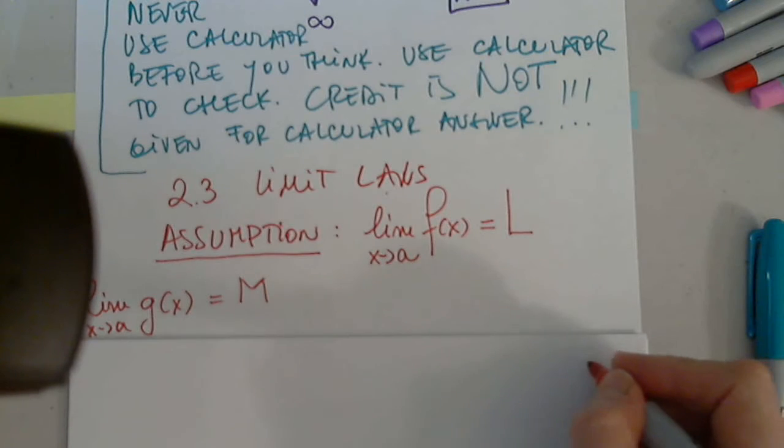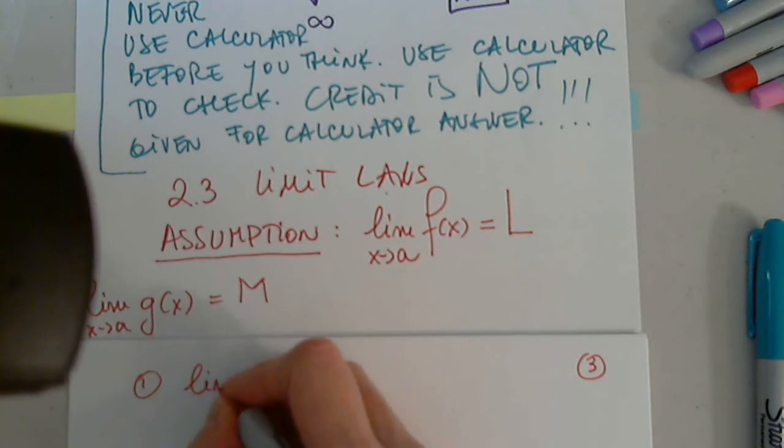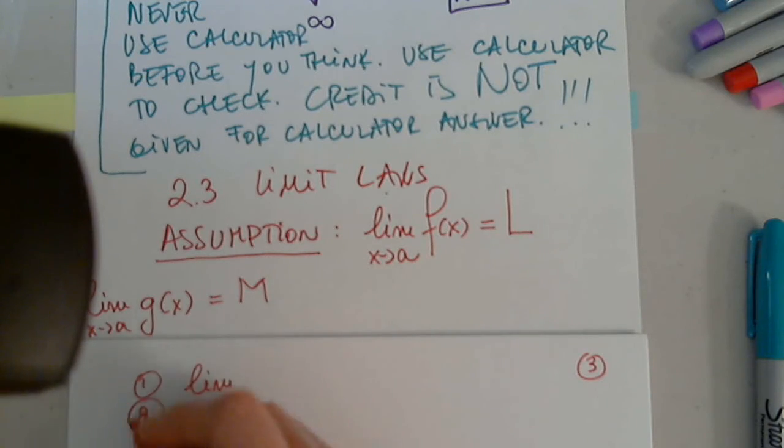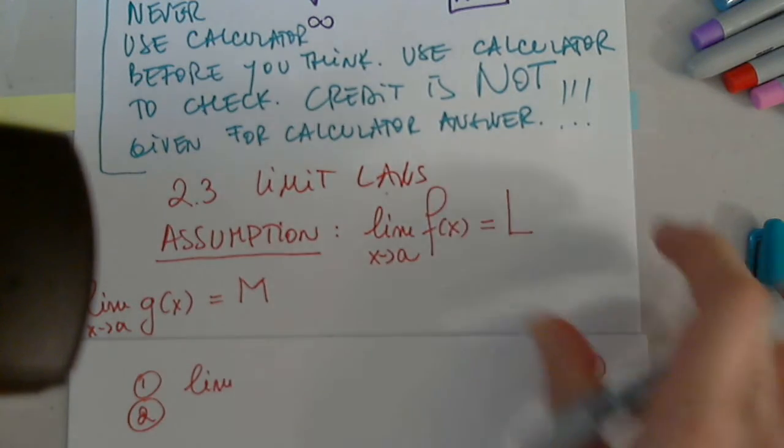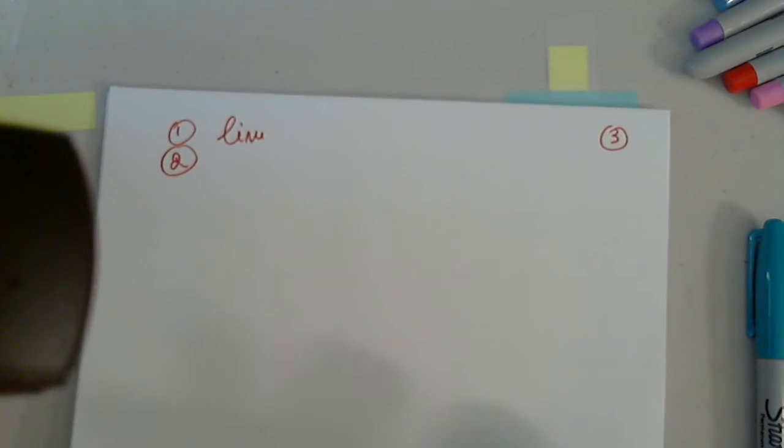First limit law, number one, is the limit. I like to put 1 and 2 together, not because I'm lazy, it's because they are pretty similar. And addition, if I should say the subtraction is an opposite addition.